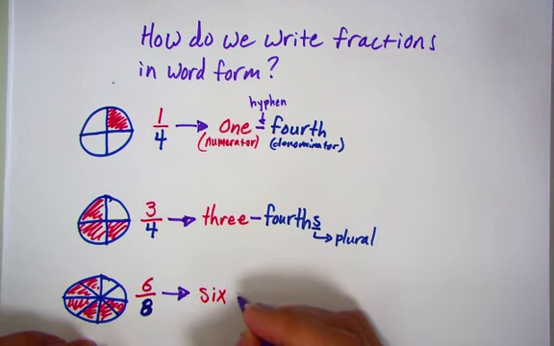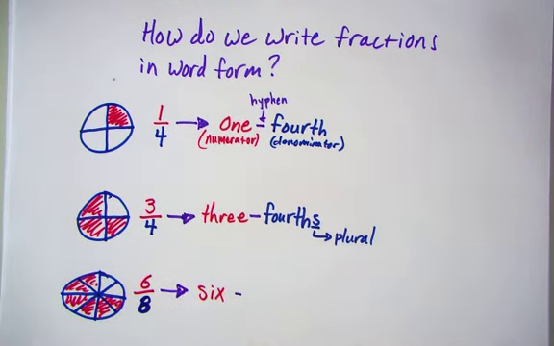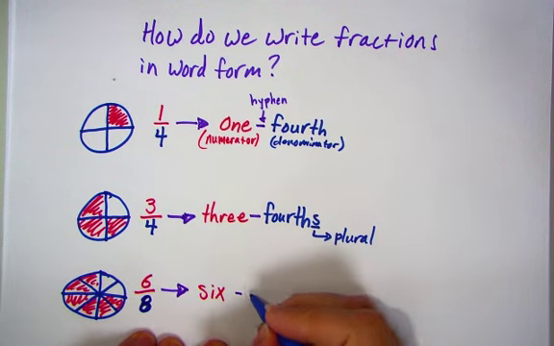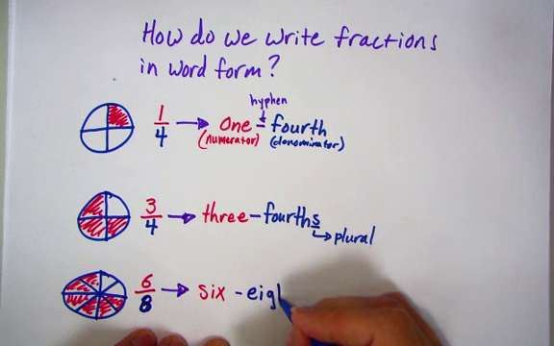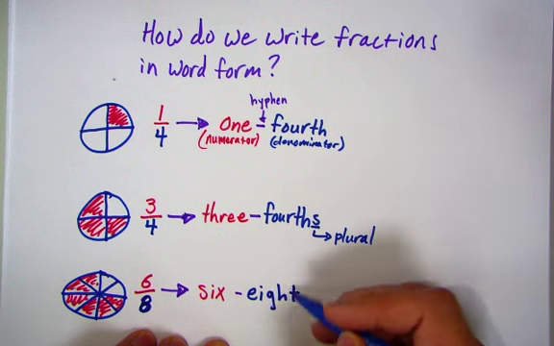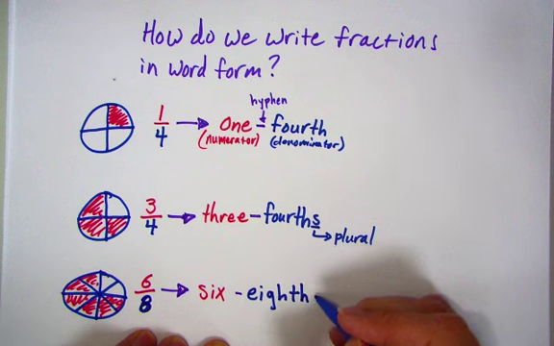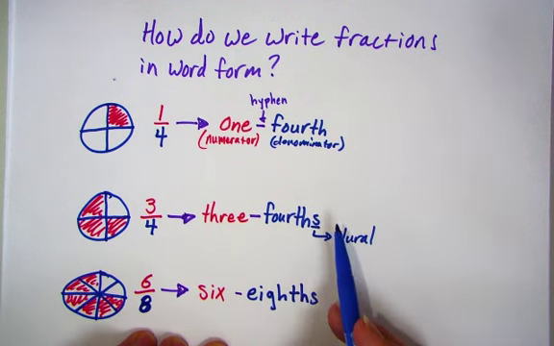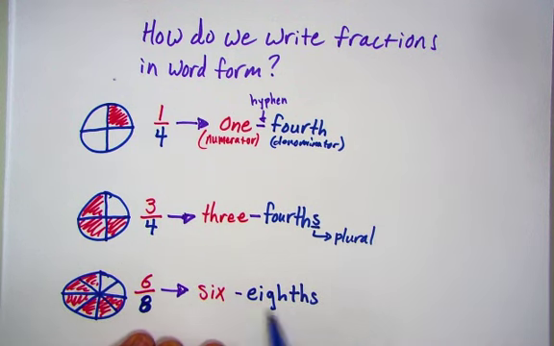And now we write the second part, or the denominator, and that's going to be 8ths. Do you see that we have 8 here, and then we just add on the remaining letters that we need? Okay, that's how we write 6/8 in word form.